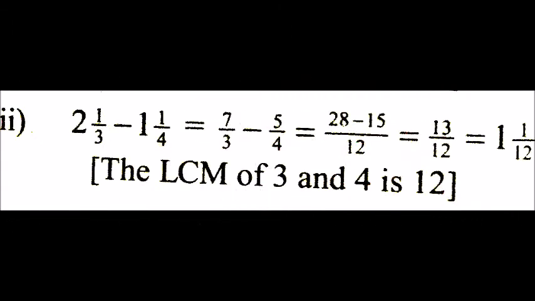Let's go to II. 2 whole number 1 over 3 minus 1 whole number 1 over 4. As I said, you change it into improper fractions.